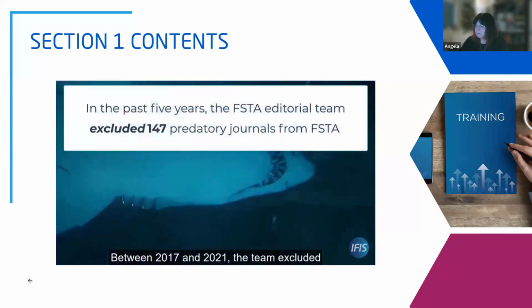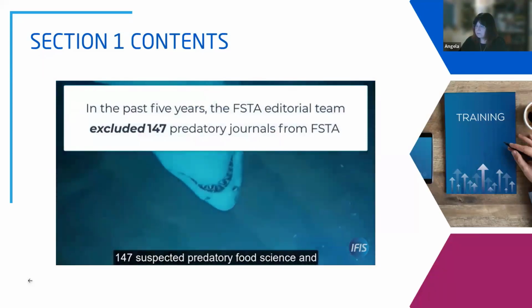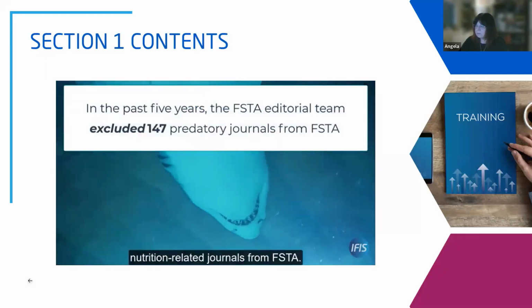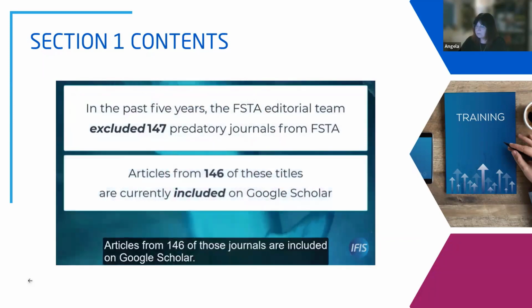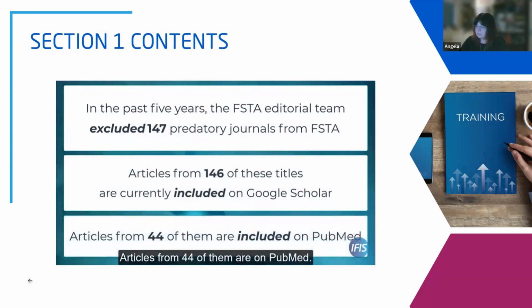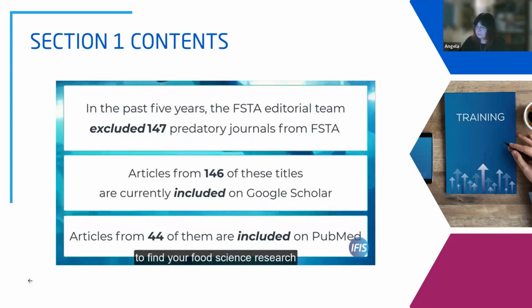Between 2017 and 2021, the team excluded 147 suspected predatory food science and nutrition-related journals from FSTA. Articles from 146 of these journals are included in Google Scholar, and articles from 44 of them are included in PubMed. This is one of the reasons that using FSTA to find your food science research makes a whole lot of sense.